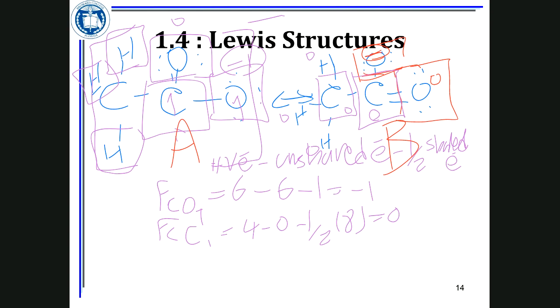So in that case, we would say that resonance is going to be minor resonance or minor contributor, because it's not stable or is less stable. In this case, A and B, they are both stable or as stable. They are very similar in terms of the formal charges and distribution of the electrons. The more electronegative element in both cases is taking negative charge, everything else is 0. So both of them are major contributors.